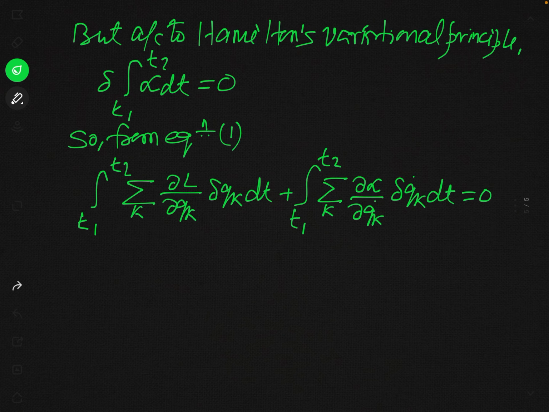Now you can see from here this delta qk dot may be written as d dt of delta qk, as you have learnt earlier.